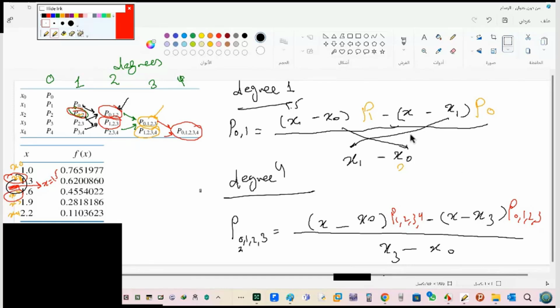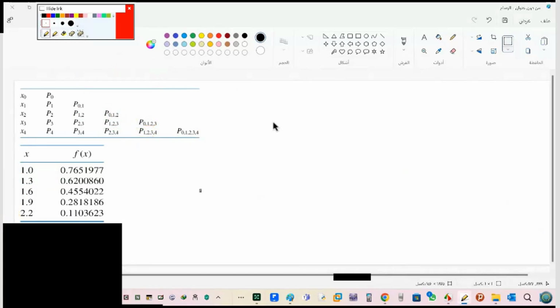Okay, now let's return back to our question. In our question, he asked me to find the value for x equal 1.5. Where is x 1.5? Here.